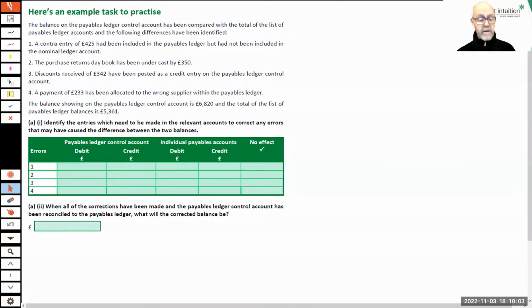And already we're on to tasks, not so much theory this week, more tasks. Now, here's an example task. This is a control account task, and there is a real neat way to tackle these.